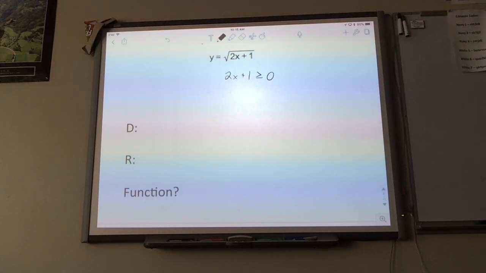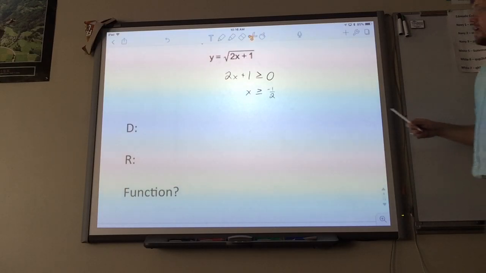If we solve that, that'll figure out our boundary for our domain. So we solve that, we subtract 1 and then divide by 2. X equals, or no, x is greater than or equal to. Wait, don't you have to switch the sign because you divided by a negative? I divided by positive 2. Oh, I subtracted 1, but I divided by positive 2.